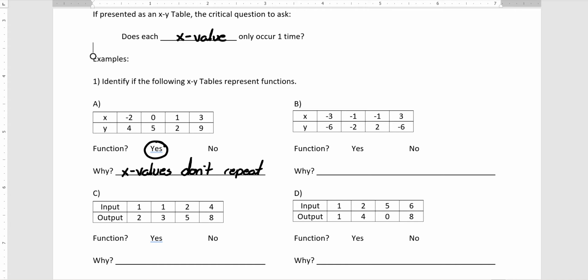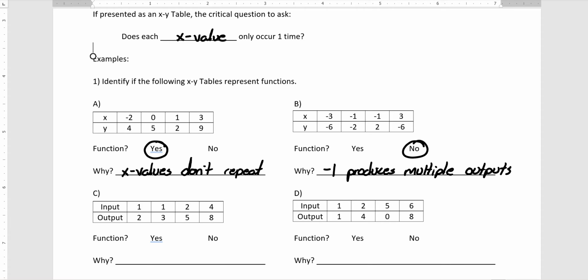No repeating. Looking at letter B, -3, -1, -1, 3. Is this a function? Look how -1 produces -2 and -1 produces 2. Is this a function? No. Why? -1 produces multiple outputs.